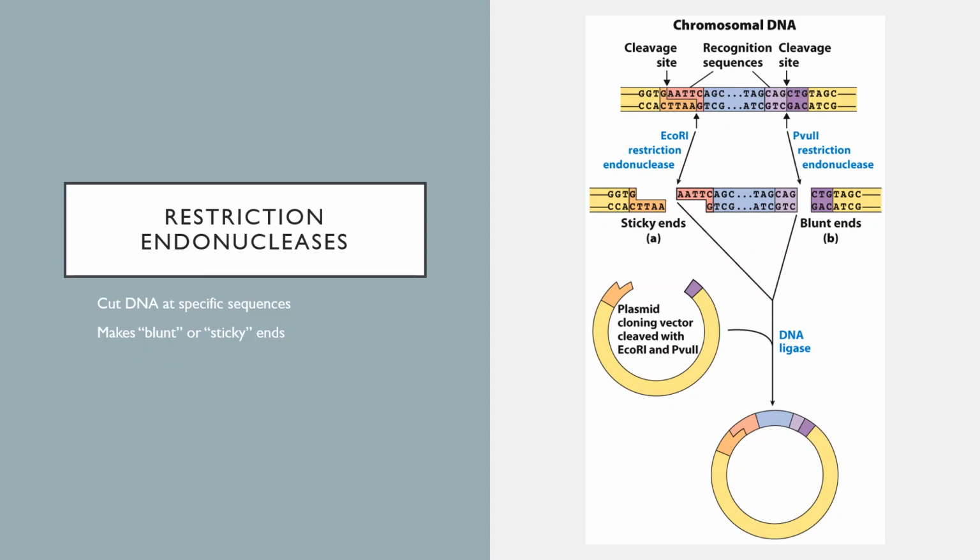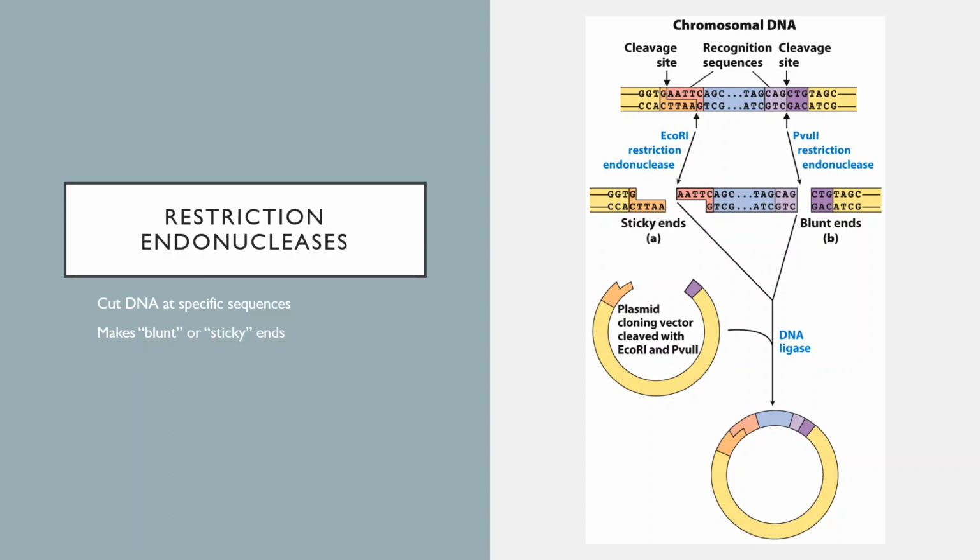Bacteriophages are viruses that infect bacteria, and viruses infect their host by injecting their DNA or sometimes RNA into the host, and then the host makes new copies of that DNA and new copies of the virus. But these bacteria have evolved these endonucleases to cut the viral DNA and prevent it from replicating. So it's sort of like a part of the bacterial immune system.